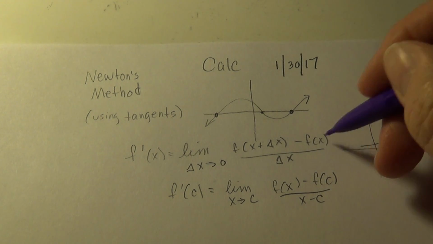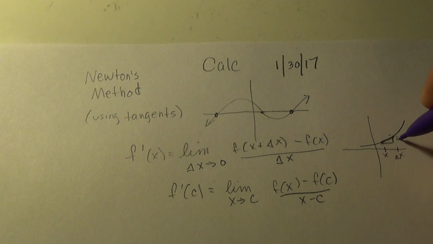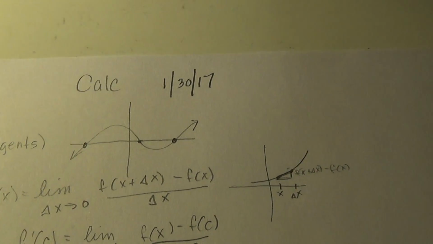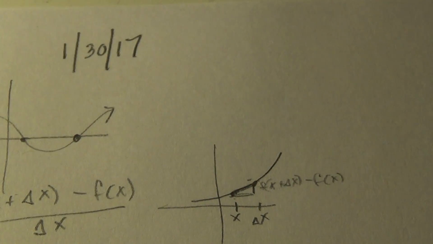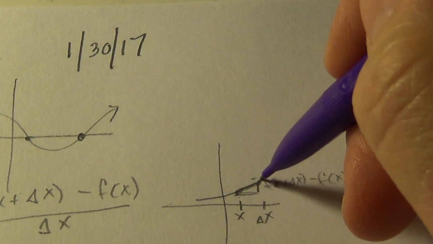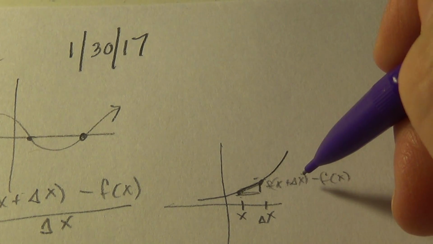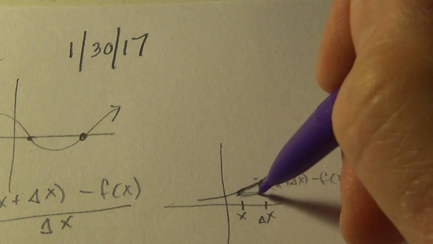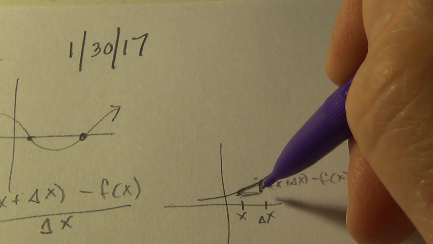Here the rise is f of x plus change in x minus f of x. So that's like change in y. Sorry, let me zoom in here. So for these very small change in x's, f of x plus change of x minus f of x is this part, and this part is just change in x.